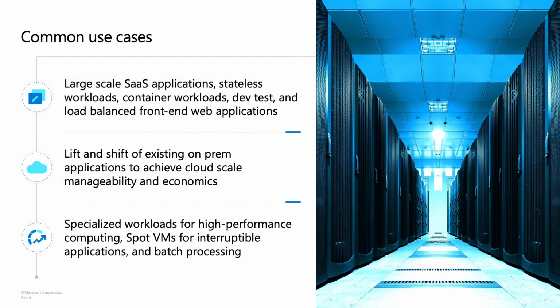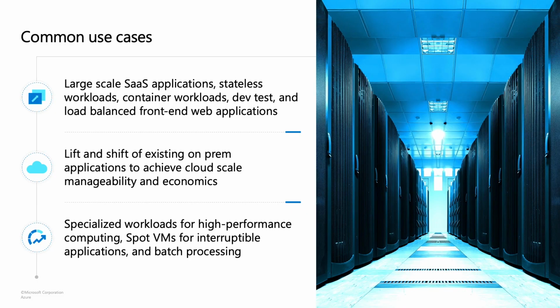So let me dive into some of the common use cases that we see customers use with VMSS. We see a lot of large-scale applications, SaaS workloads, stateless applications, stateful applications, container workloads that customers deploy on the scaled infrastructure. We also see a lot of lift and shift workloads deployed on scale set, because it gives you infra at your demand or how you have deployed in your data centers.